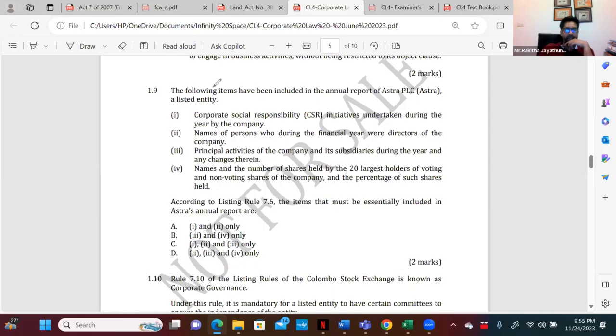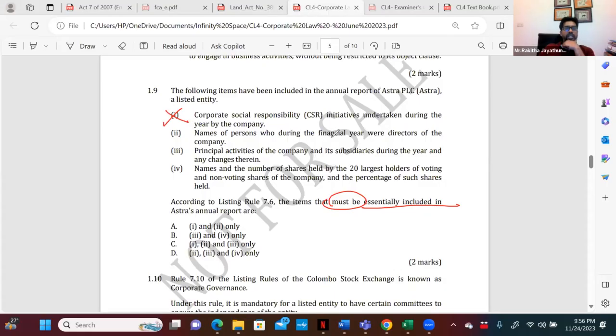Let's see. The following items have been included in the annual report of Astra PLC, a listed company. They're asking, according to listing rule number 7.6, the item that must be essentially included. Let's say corporate social responsibility. CSR is not something mandatory. Therefore, this is out.